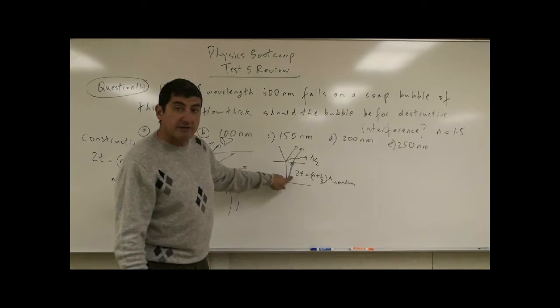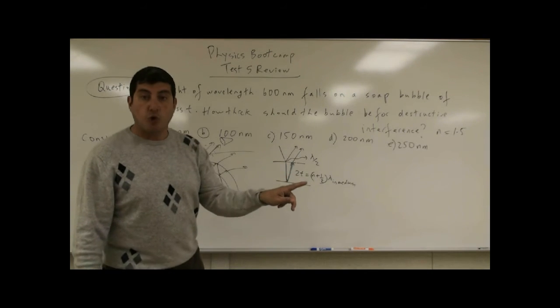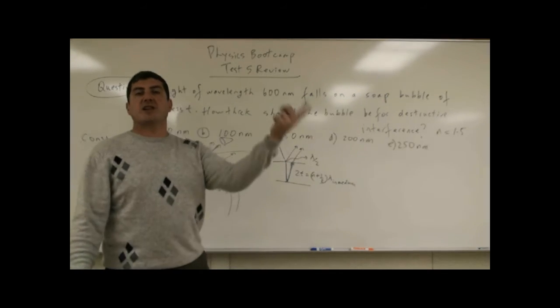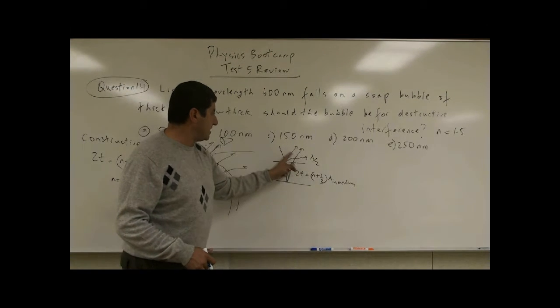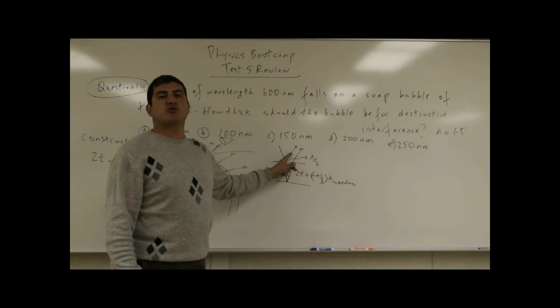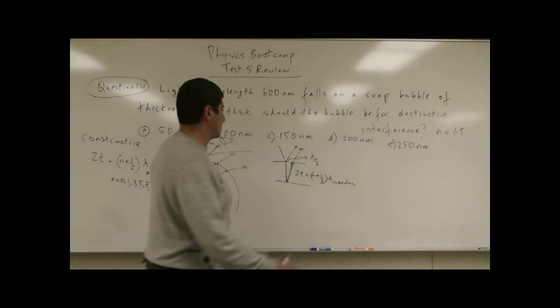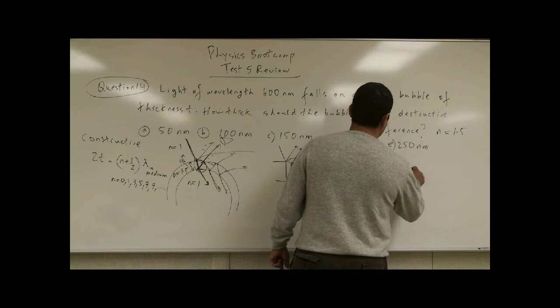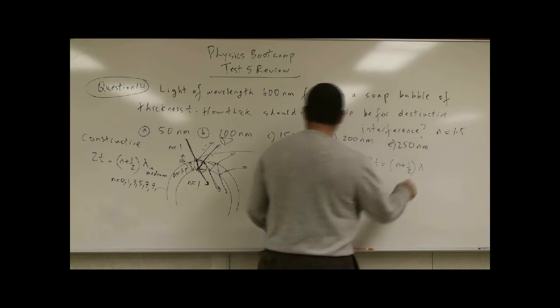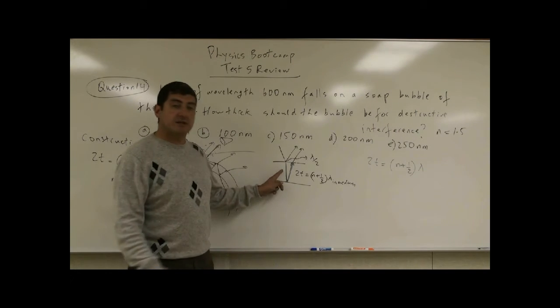So if this travels another half a wavelength more, or 3/2 wavelength, or 5/2 wavelength, then by the time that they meet here, there's going to be constructive interference. So this is going to be 2t is equal to n plus half lambda. Now the wavelength of the wave in the medium is what?